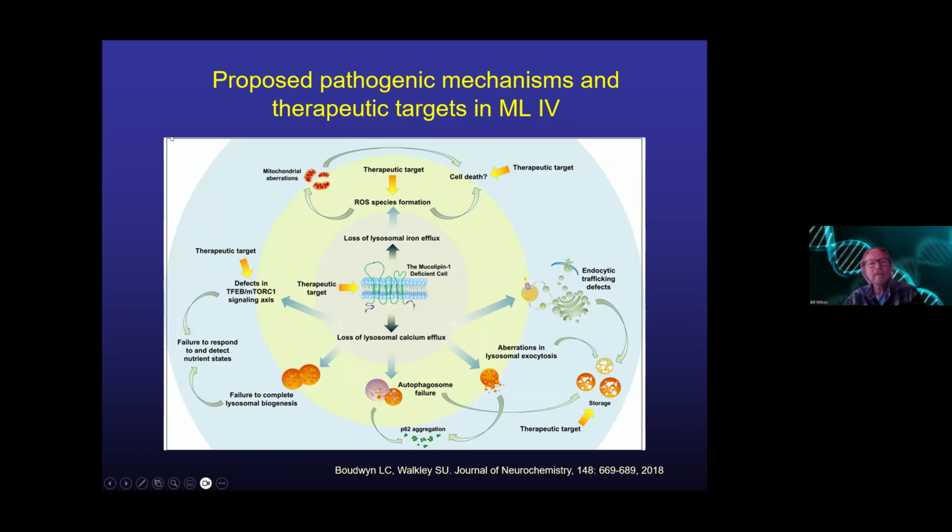Here are some proposed pathogenic mechanisms: loss of lysosomal iron efflux, defects in mTORC signaling, loss of lysosomal calcium efflux, failure to make lysosomes properly, failure to make autophagosomes to recycle your bad organelles, and then problems in exocytosis, releasing things outside the cell, and abnormal mitochondria.